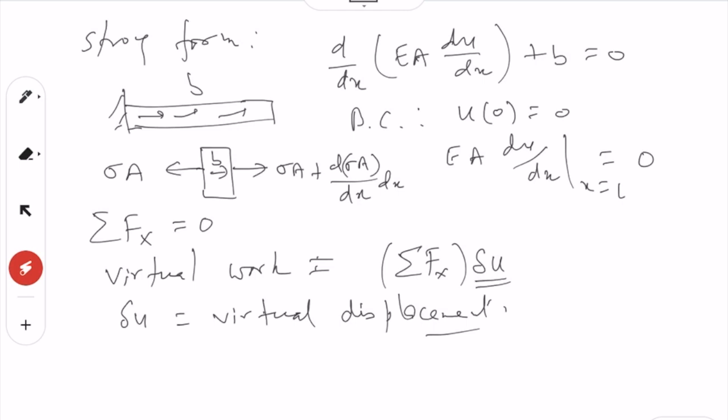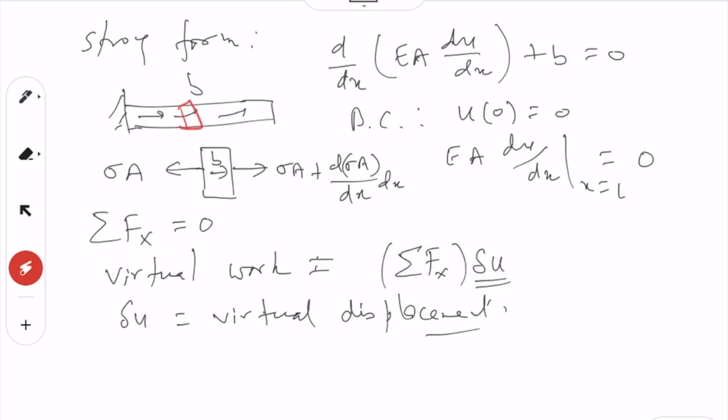Work will be 0 because it is already balanced basically, and hence if you apply the displacement, it will give you 0 work, because actually there is no work, because forces are balanced. See here that del Fx equal to 0.